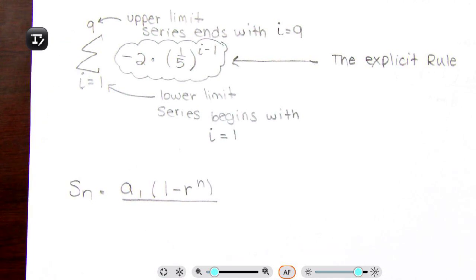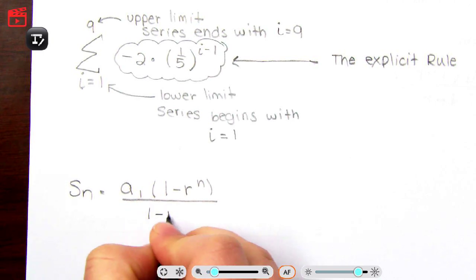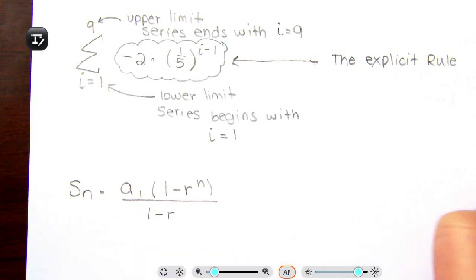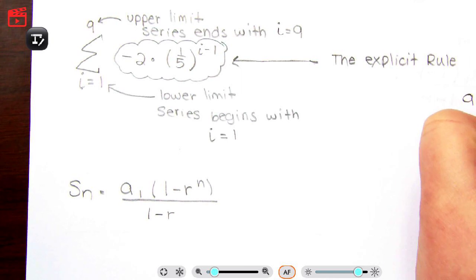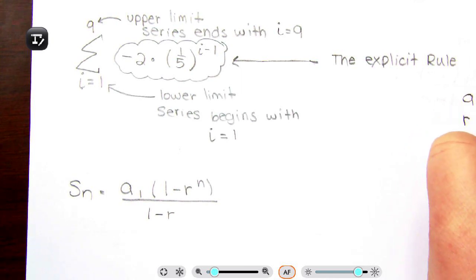So we know that it ends there, it's finite. So we use the finite formula. So in our finite formula, we need a sub 1, we need r, and we need n. So if you recall earlier in numbers 19 and 20, n is your term.